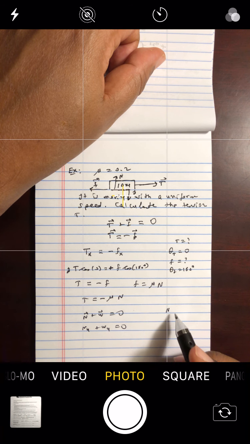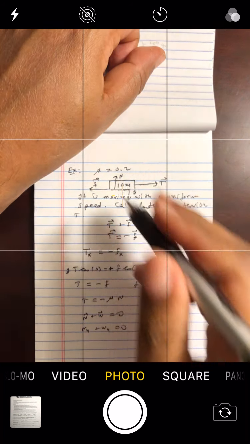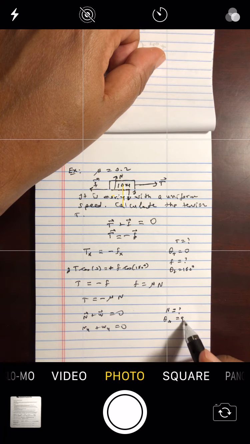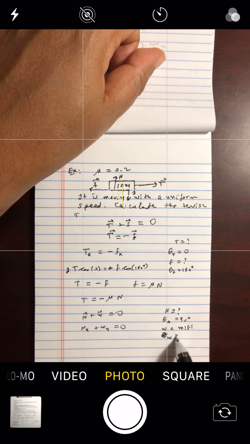What do you know about the normal force? We don't know its magnitude right now, but its direction is north, 90 degrees. How about the weight? Its magnitude is mass times gravity, and its direction, theta w, is negative 90 or 270 degrees.